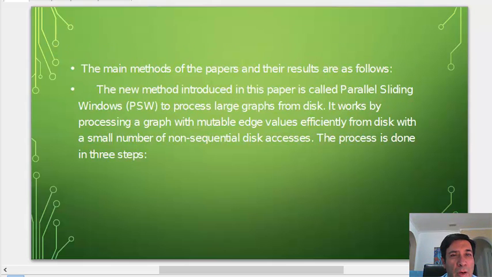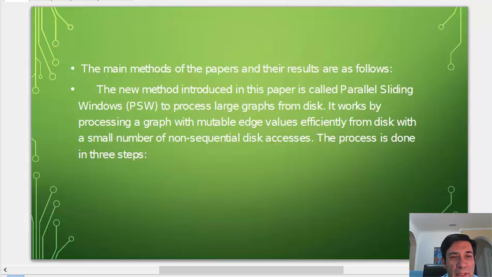The main methods of this paper and the results are as follows. The new method introduced in this paper is called parallel sliding windows, PSW, to process large graphs from disk. It works by processing a graph with mutable edge values efficiently from disk with a small number of non-sequential disk accesses.